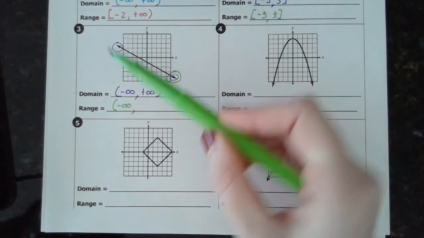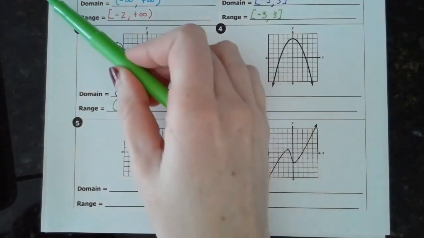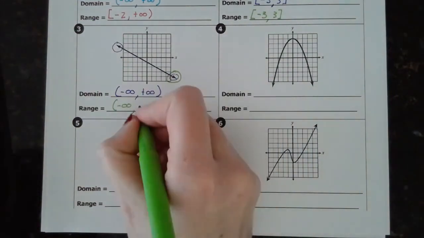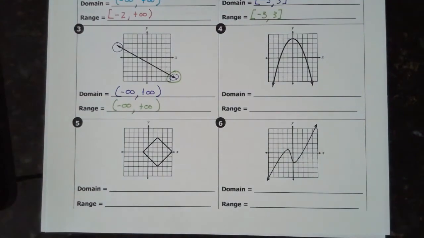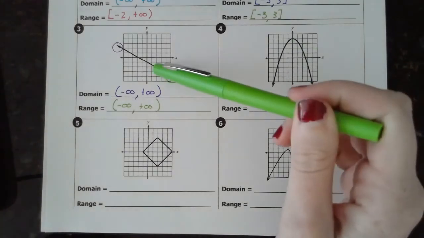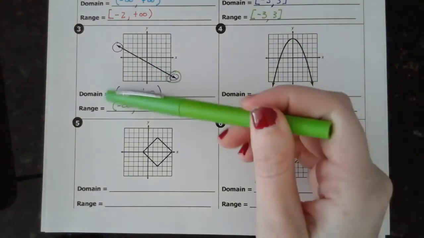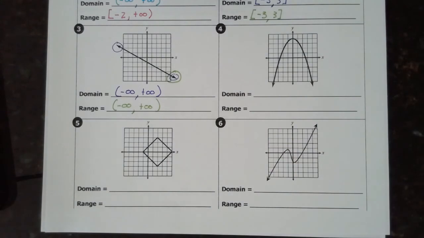No, it does not matter that there are 2 -3s. So long as that's the absolute lowest that your graph goes, it doesn't matter that it's on there twice, okay? Because remember, we're allowed to have multiple of the same y's, we're just not allowed to have multiple of the same x's.